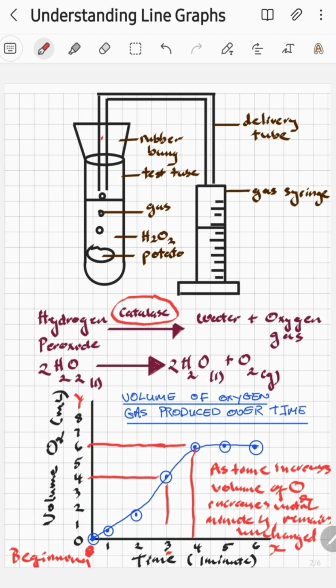Okay, so typically in an exam or a test or even an assignment or your labs, you're going to be asked to describe what is happening in a graph. So this is how we describe it. As time increases, the volume of oxygen gas increases until minute 4, and then the volume of the gas remains unchanged.